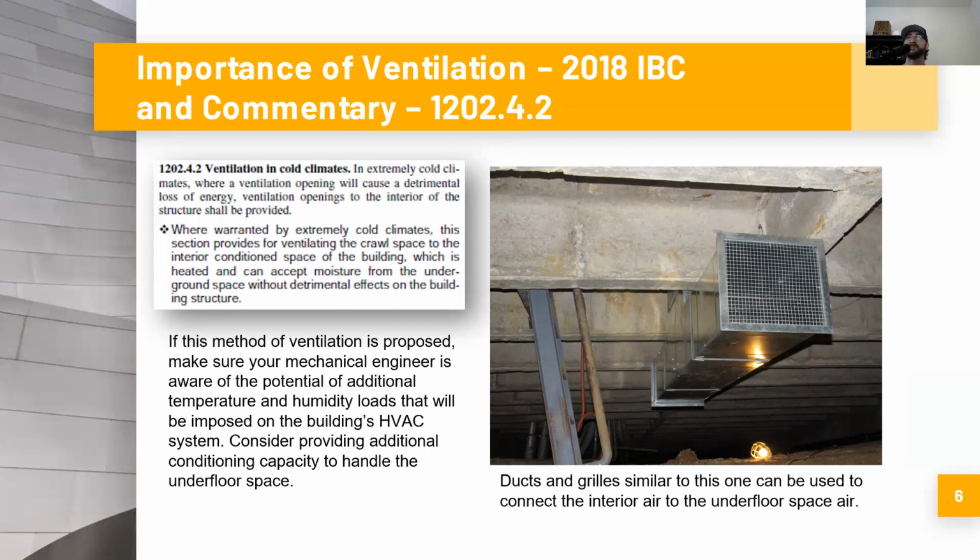So what this says is in extremely cold climates, where a ventilation opening will cause a detrimental loss of energy, ventilation openings to the interior of the structure shall be provided. The idea here is, instead of venting to the outside, where it's freezing, if you allow that air to circulate through the crawl space, you could be negatively affecting the energy performance of the building.